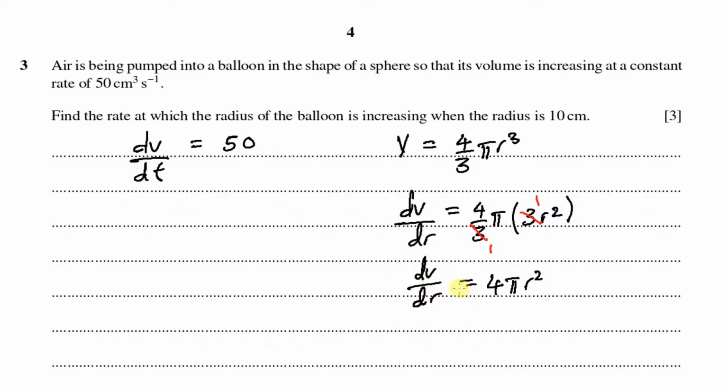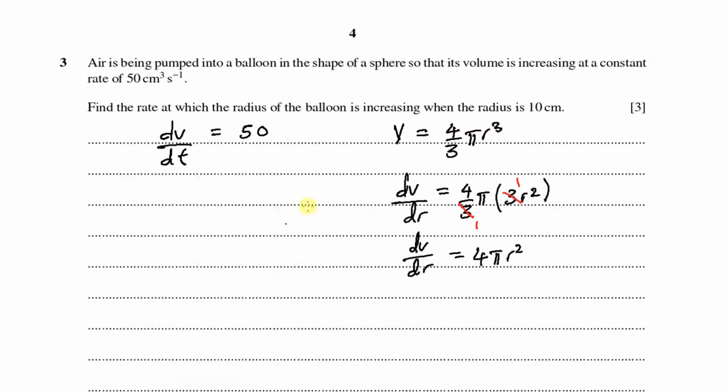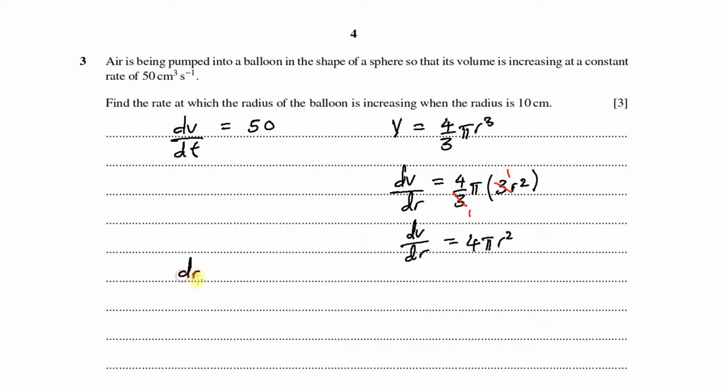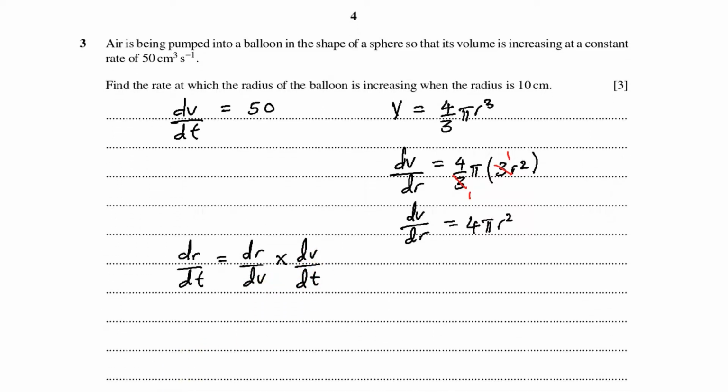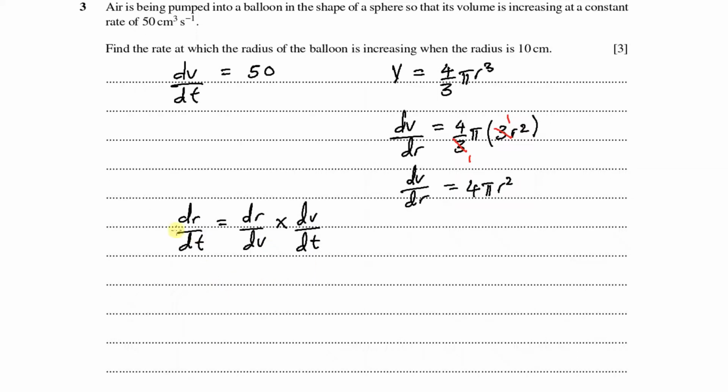Now with this information, we can now find the rate at which the radius of the balloon is increasing, which is dr by dt, and using the chain rule, this is going to be dr by dV times dV by dt. So this is the chain rule that we're going to use. So what is dr by dV?